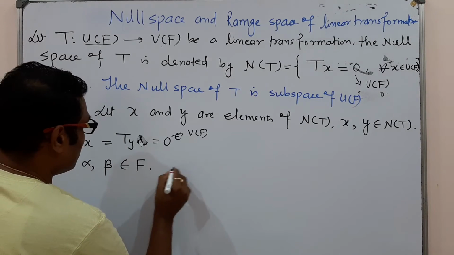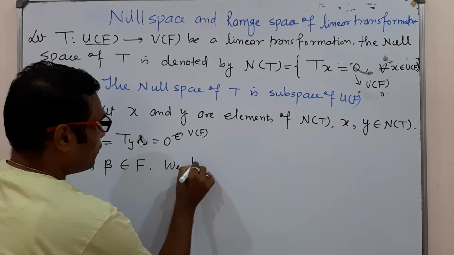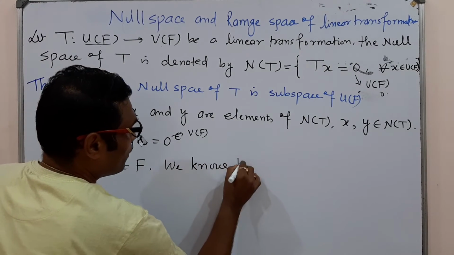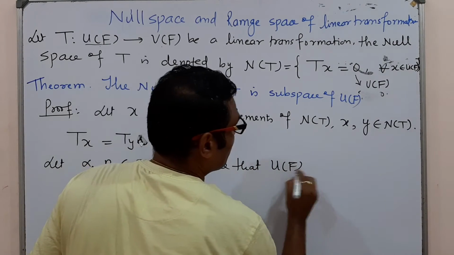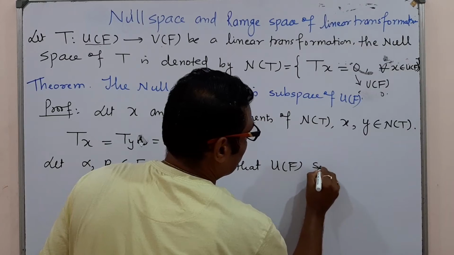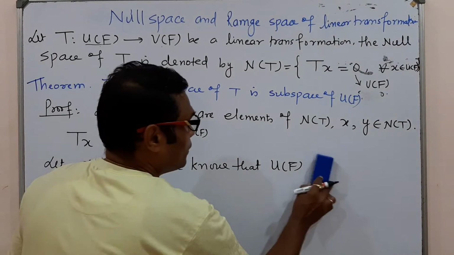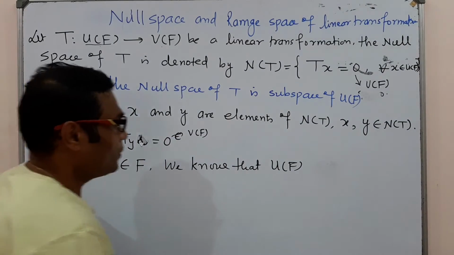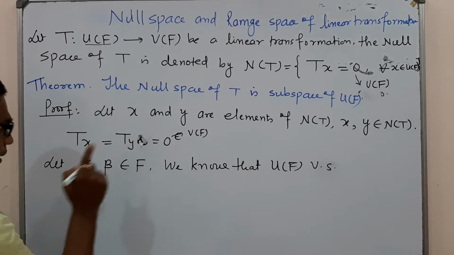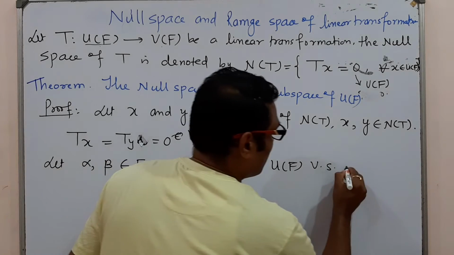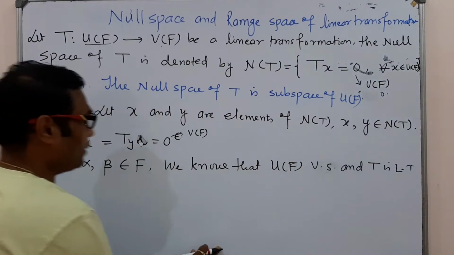We know that UF is a vector space, and T is a linear mapping, a linear transformation.